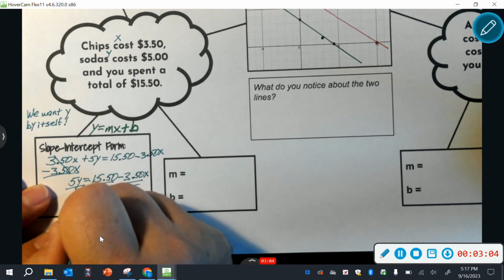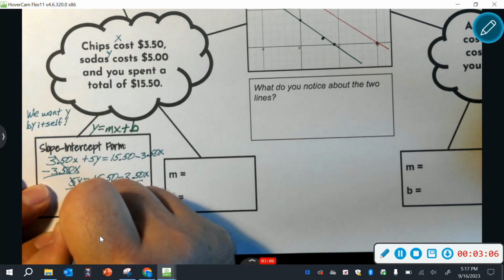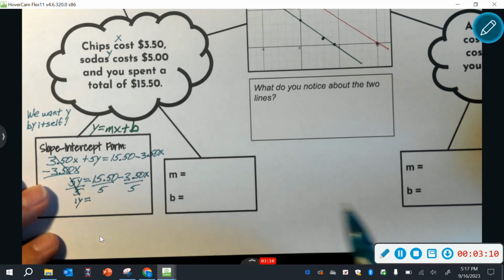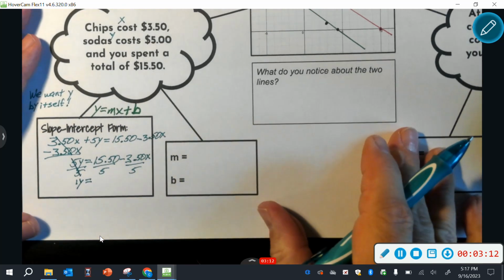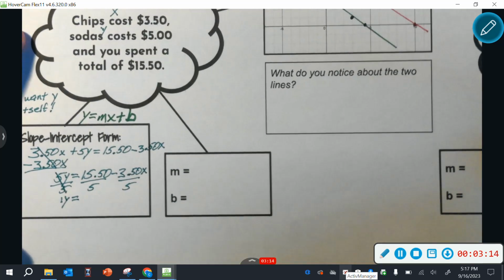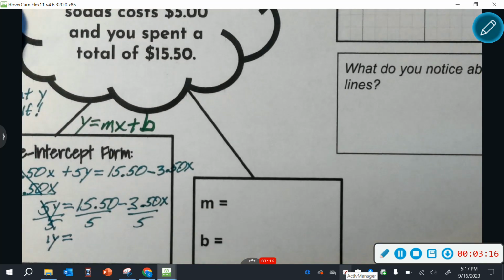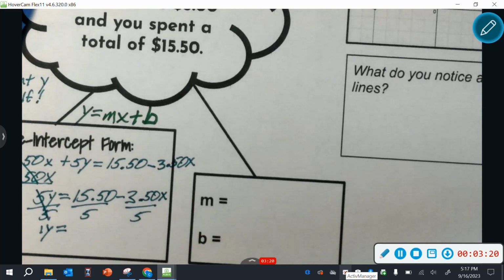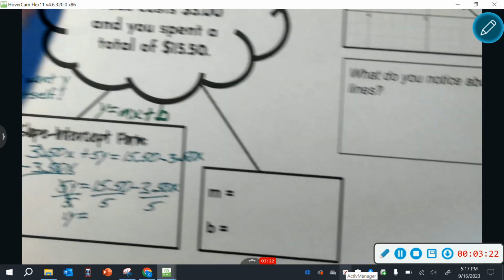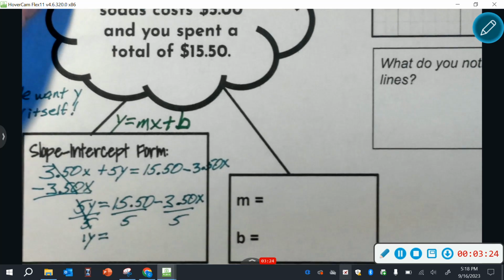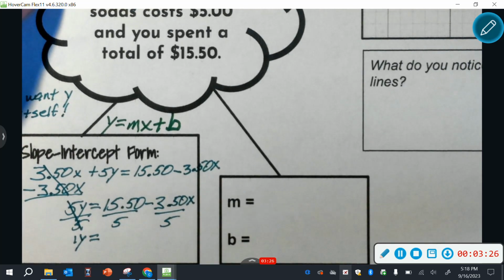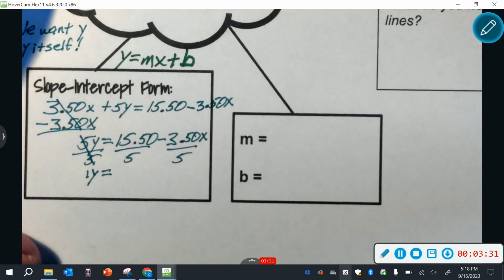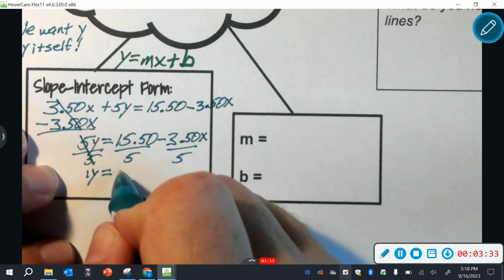Okay, so 5 divided by 5, that's 1. So we can write that as 1y is equal to, and then 15.50 divided by 5, let me zoom in. Hang on just a second. Okay, there we go. So 15.50 divided by 5, that is 3.10.